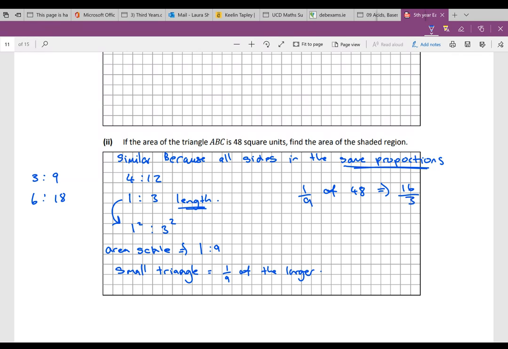So if the original shape was 48 square units, I'm going to subtract 3 of the triangles, each 16/3, which leaves me with 32 units squared. And again, if you didn't put in units squared there, you were penalized for marks.